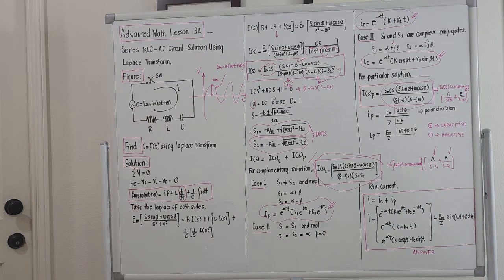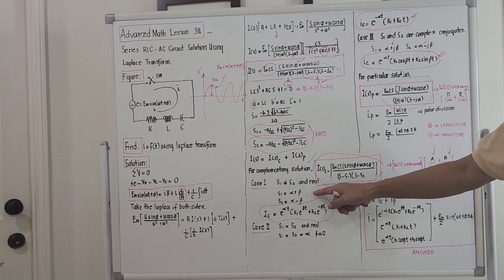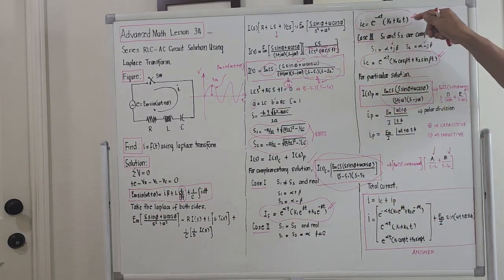For the meantime, I will not give you the values of A and B, but as a rule under Laplace transform, to bring out these 3 solutions here, we must compute for A and B. In whichever case that will come out, just use it. If it falls under case number 1, the solution should be under case number 1. If it falls under case number 2, the solution should be under case number 2.